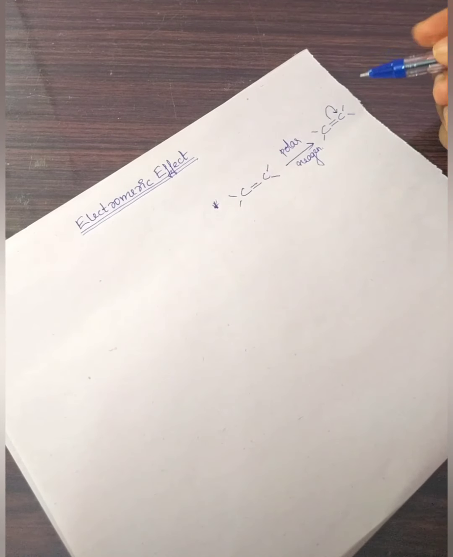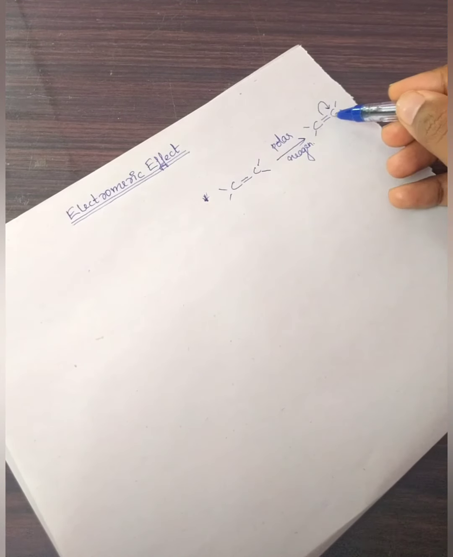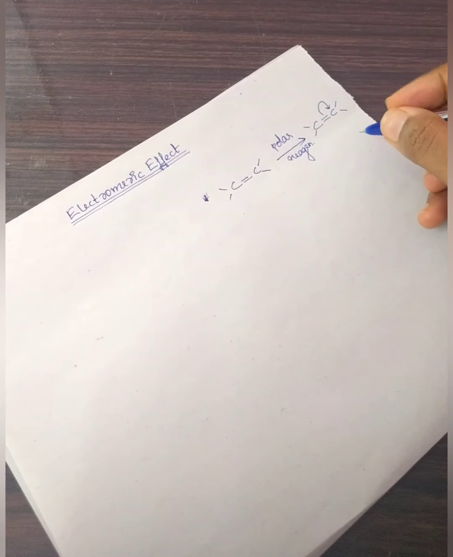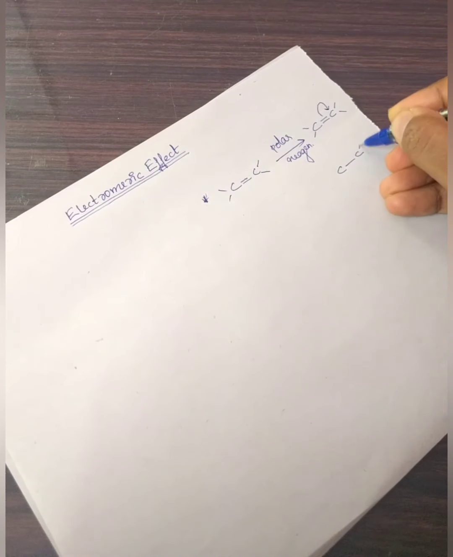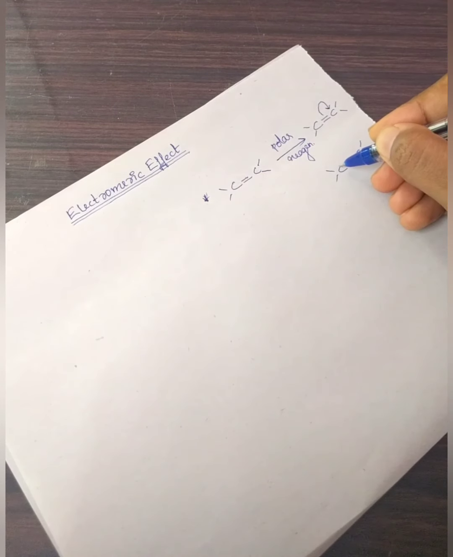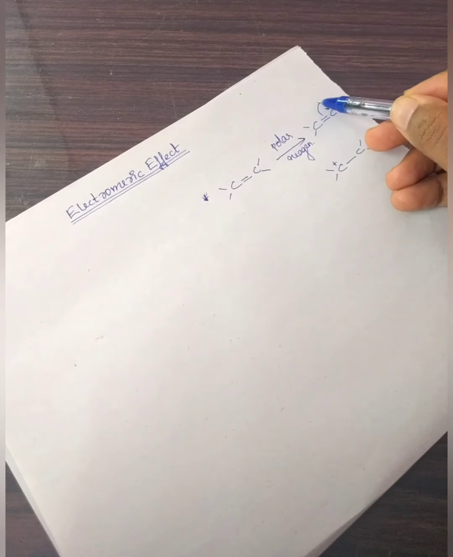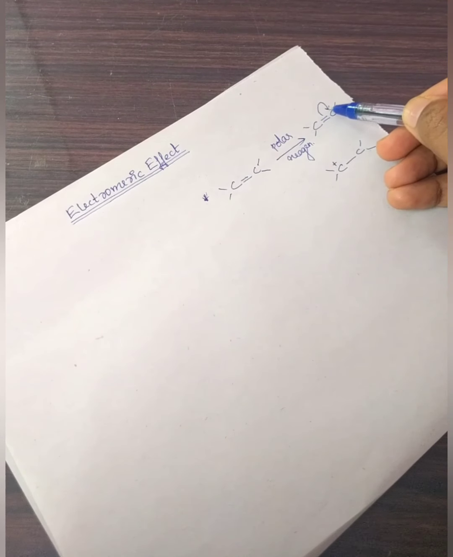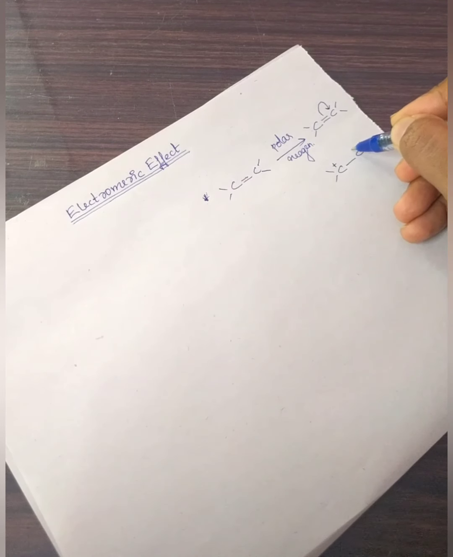Bonds are basically electrons. When the electrons move towards one direction or to one atom, these carbon atoms will ultimately have a positive and a negative charge. This carbon atom is losing its electron, so it will have a positive charge, and when I put the arrow in this direction, the head is towards this point, so this carbon atom will have 2 electrons.